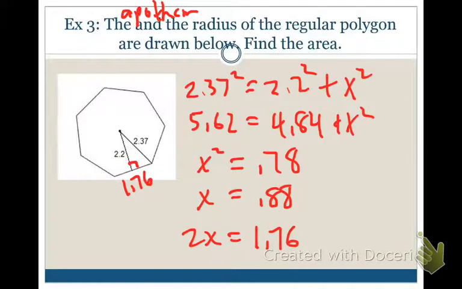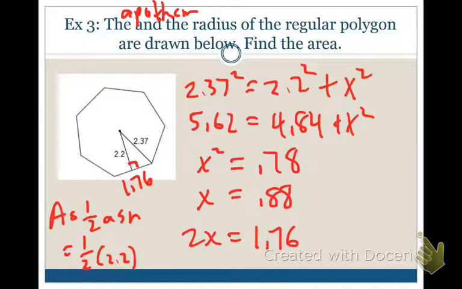Now I have everything I need to do my formula. Area equals 1/2 ASN, and that's going to equal 1/2, the apothem is 2.2, the side length is 1.76, and the number of sides is 1, 2, 3, 4, 5, 6, 7 sides, times 7.